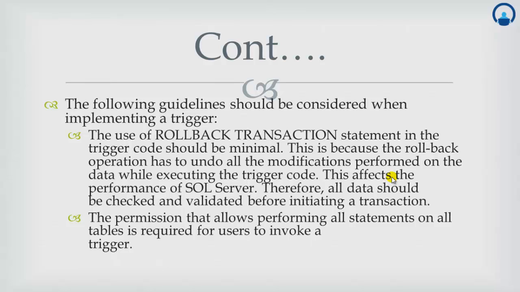The begin transaction statement defines the start of the transaction, and commit transaction statement defines the end of the transaction. If a statement in a trigger code executes in autocommit mode and encounters an error, the begin transaction statement recovers all the modifications carried out by that statement.